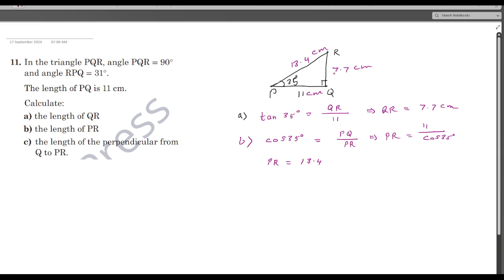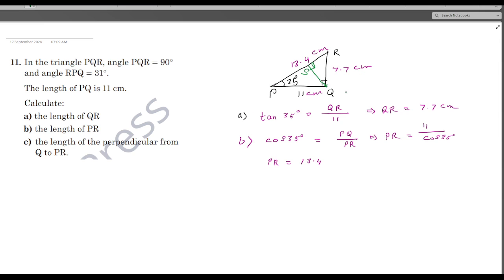Next, the length of the perpendicular from Q to PR. Now from Q, I will draw a perpendicular like this. Let us name this perpendicular QS. So we have to find out QS.